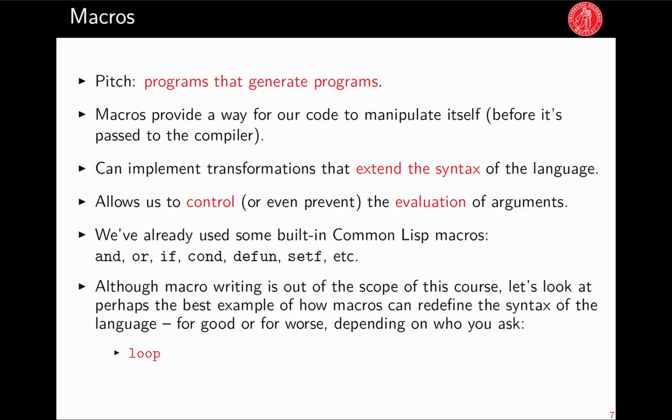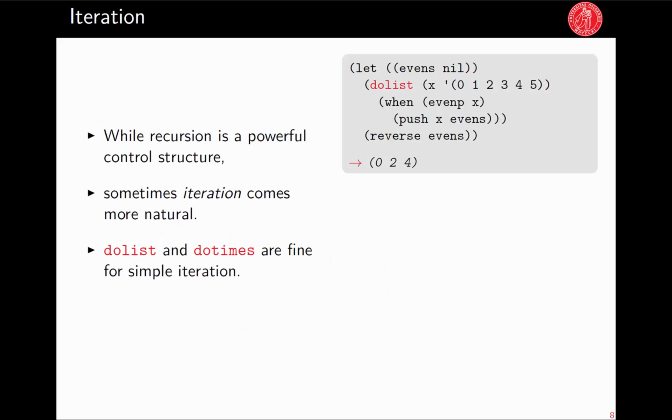Okay, so before we look into the details of loop, I just want to mention a note about iteration. So far we've looked at recursion and various ways to do recursion, such as this special case of tail recursion that we talked about last time. And although recursion is powerful, it's sometimes more natural to express something using iteration.